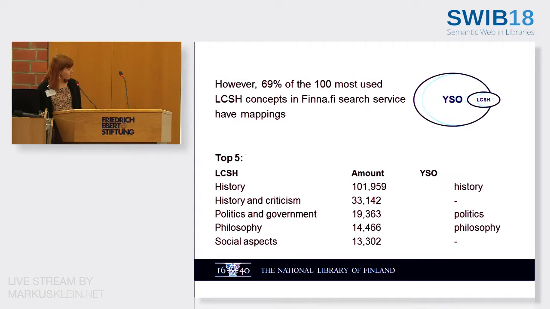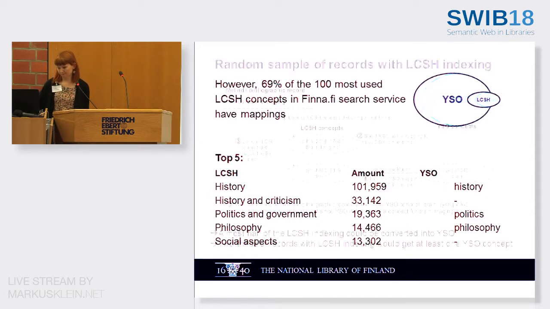You can see the top 5 concepts here. History is number 1 with a huge gap to number 2, which is history and criticism, and history is the number 1 concept in our Thesaurus as well, so it is a popular topic.